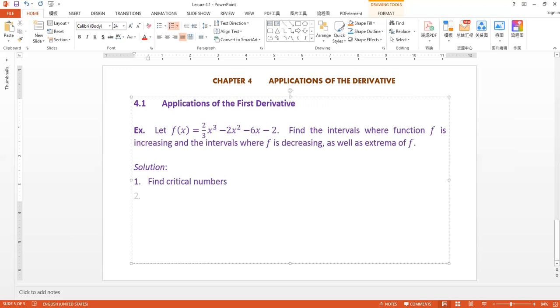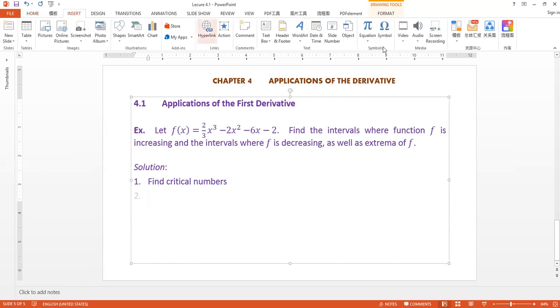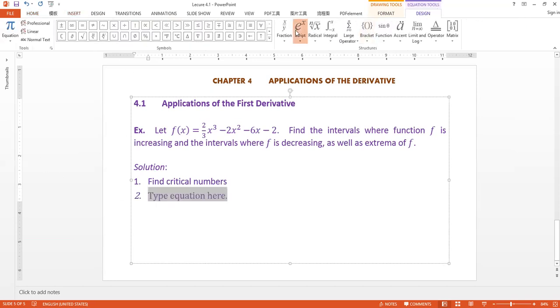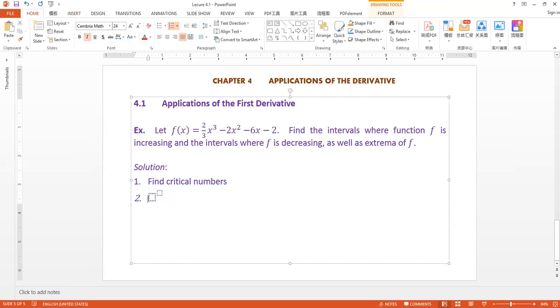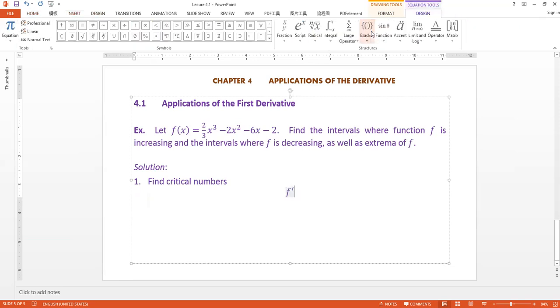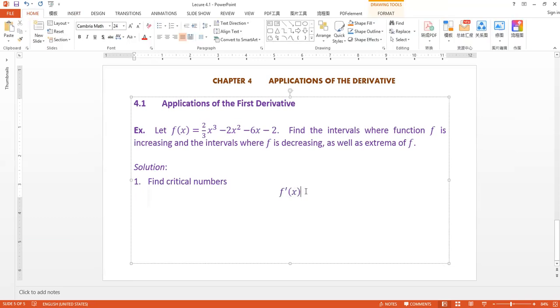So let's find the derivative first. Okay, so f prime will be what? We can do it term by term. We've already done that a lot of times.